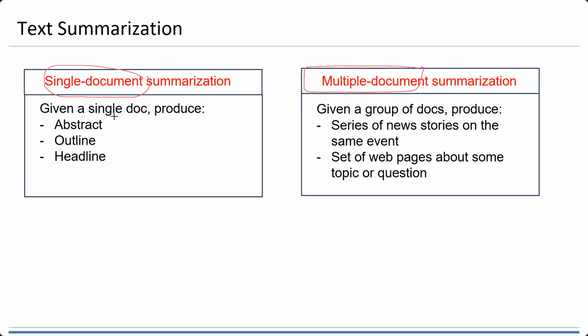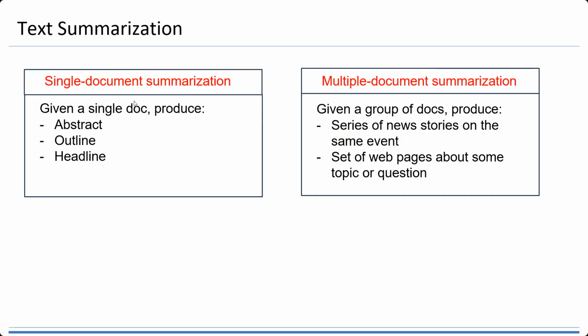If it is a single document, then we have one document, and it will produce maybe an abstract, outline, or headline. If it is multiple documents, then maybe we want to create a series of news stories, or we want to have some topics or questions.